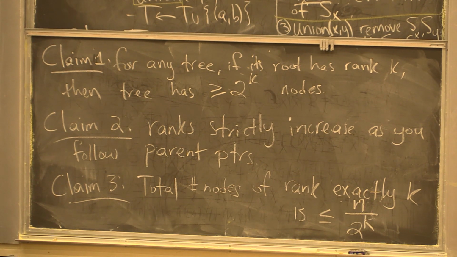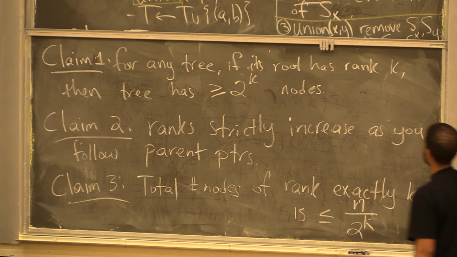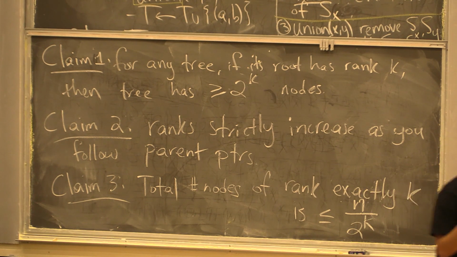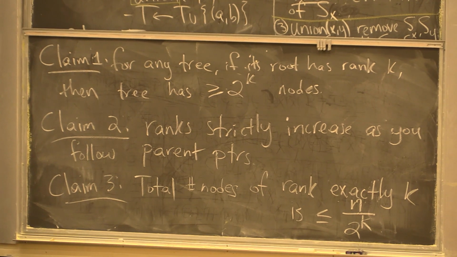So we can prove claim 1 by induction on k, where our inductive hypothesis is that when a node becomes rank k, its tree size is at least 2 to the k. Is this true when k is 0? Yes. When you become rank 0, it's because you did a make set. Does your tree have size 2 to the 0? Yes, 2 to the 0 is 1. You have yourself.